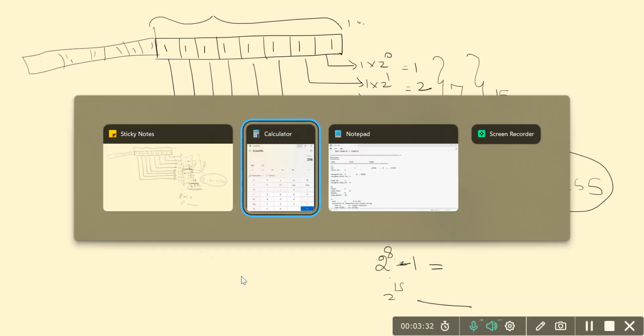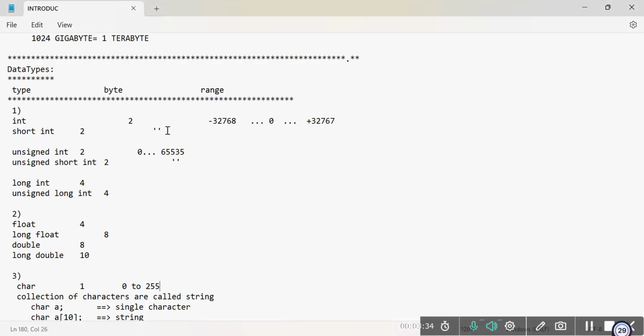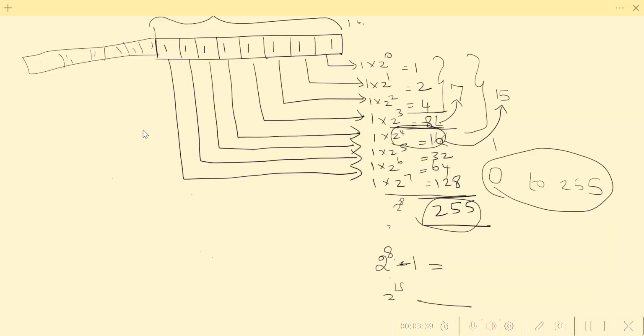Integer, I already told, is 2 bytes. If 2 bytes, how many bits are there? 16 bits. Then you should calculate 2 to the power of 16 minus 1.